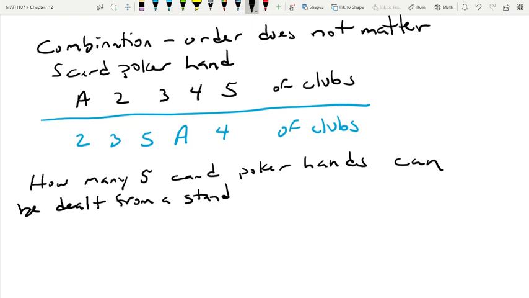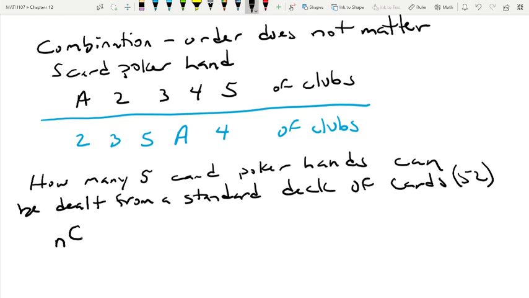Standard deck of cards. A standard deck has 52 cards. So this would have 52. For this, it is going to be a combination. Now you'll be looking for this on the calculator, and it'll probably be near the same area where you found the nPr key.